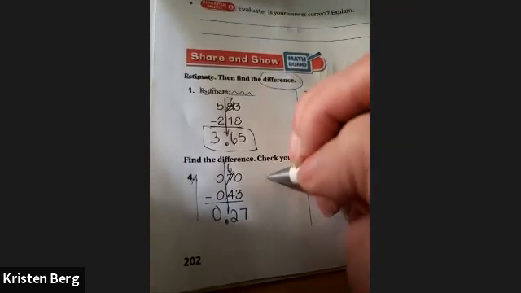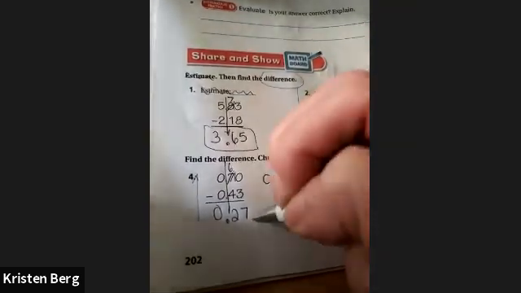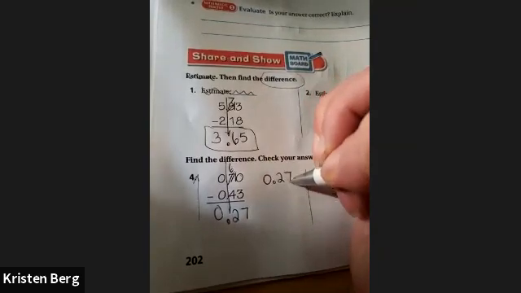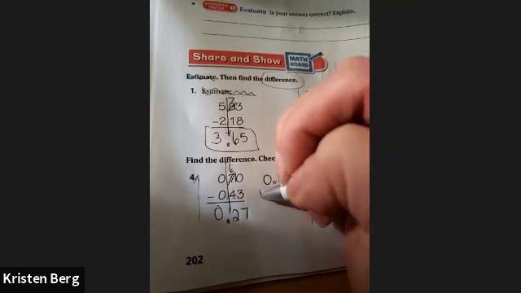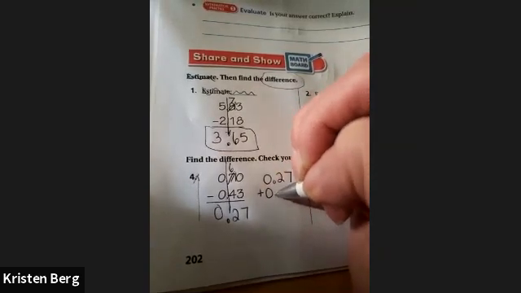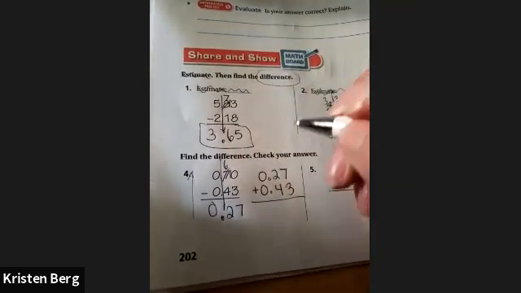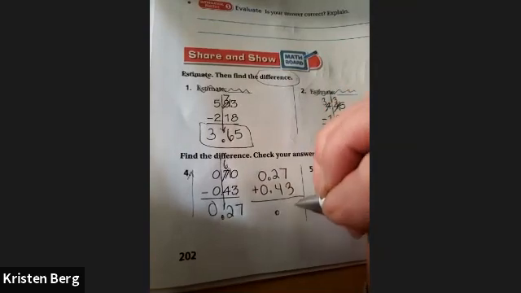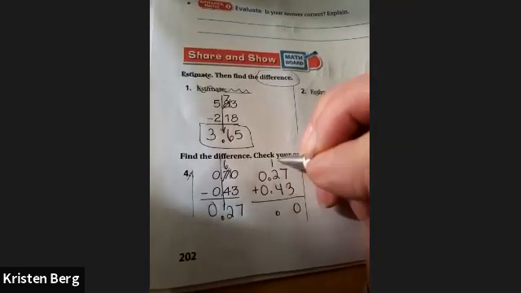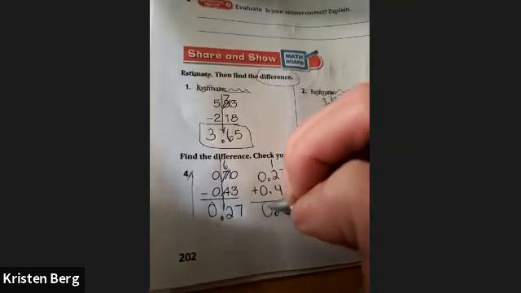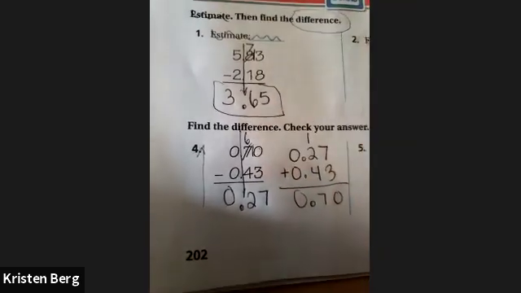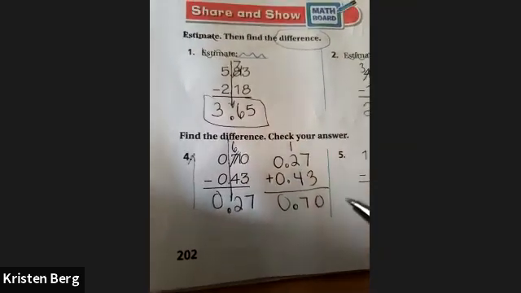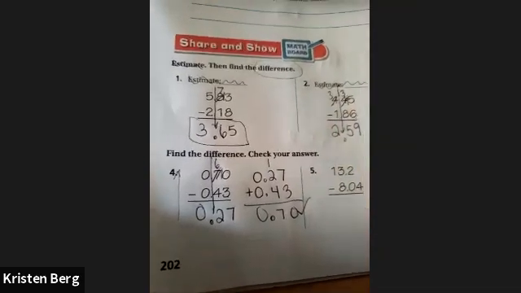So it would be what is down here, which is the 27 hundredths. And then you reverse the subtraction sign to a plus sign. And then it would be still the same number. And then if we do it correctly, it should come out to what the original number was. So this was 10, carry a 1, and then this is 7 and a 0. And that was what was originally there, 70 hundredths. So therefore, this is correct.